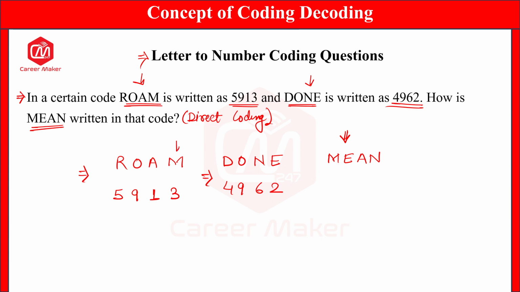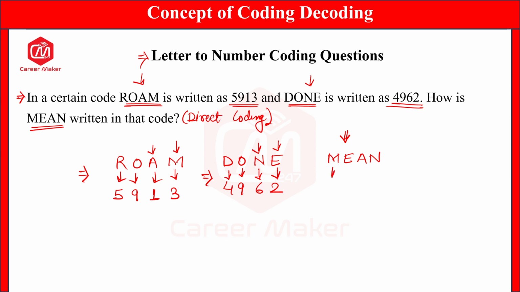Like see, M is from Rome, E is coming from Dun, A is coming from Rome, N is coming from Dun. So directly you can pick all these letters' positions because it is not following any pattern. It's direct coding. R is coded as 5, O is coded as 9. You see here if you want to check it once.